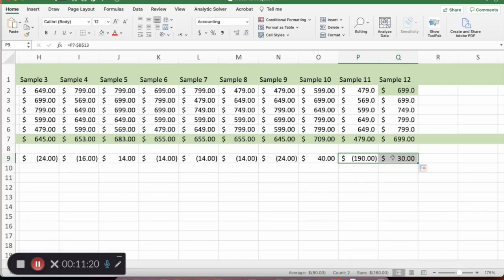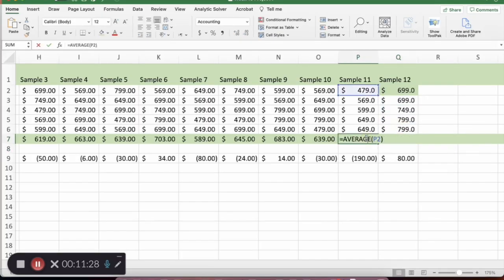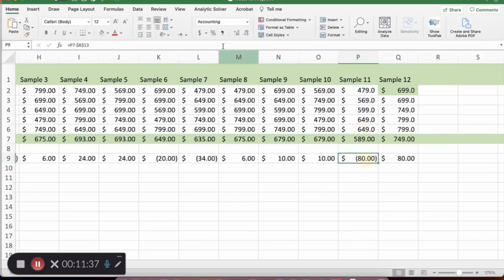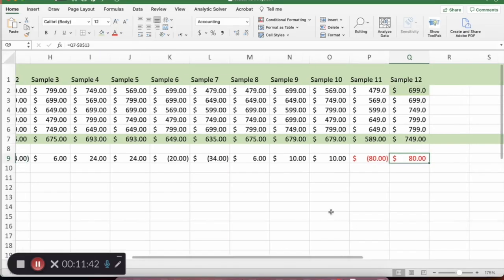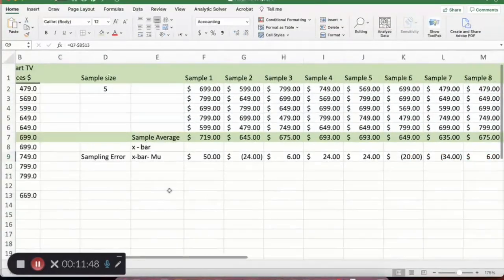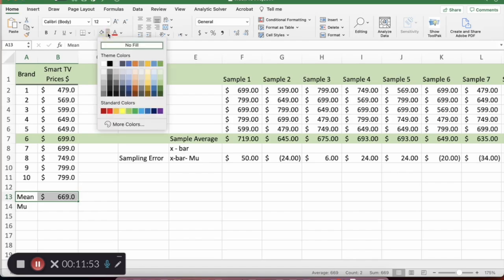Look at these now. The average of these, all of them. Look at these 2 numbers and compare them with the others. This is the average of the population, right?